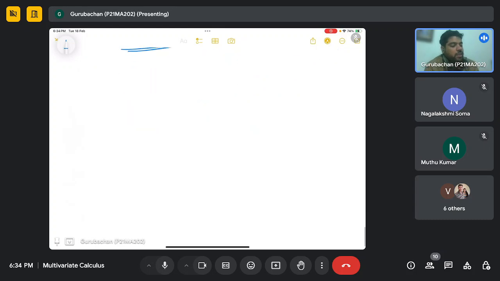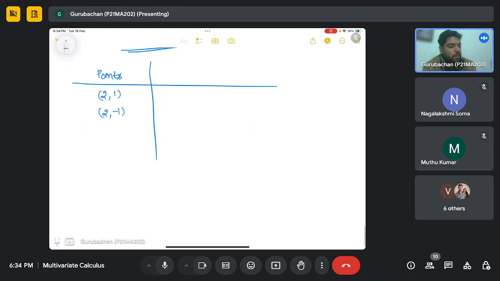And what is the function f(x,y)? The points are 2, 1; 2, minus 1; minus 2, minus 1; and minus 2, 1, and the function f(x,y) is equal to x square y.